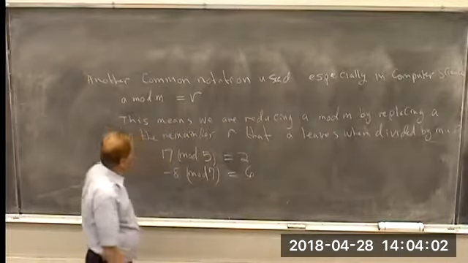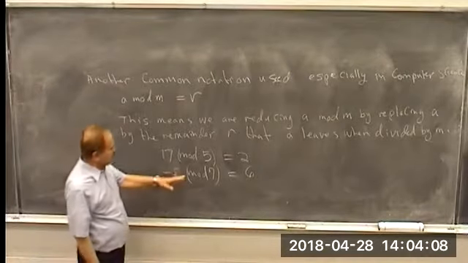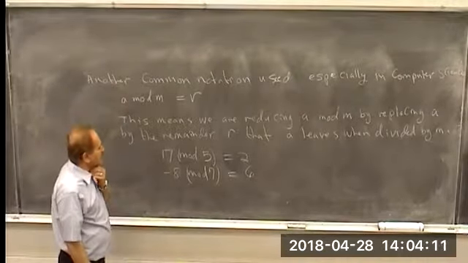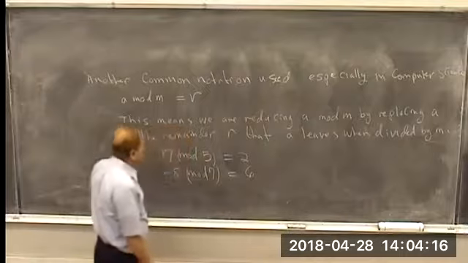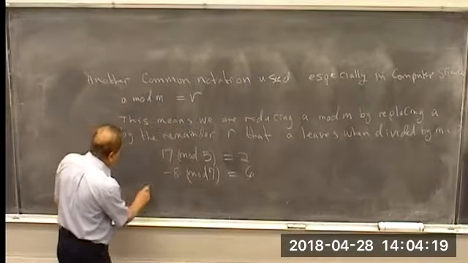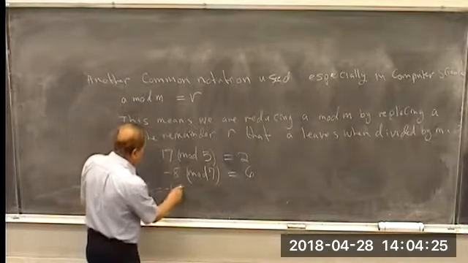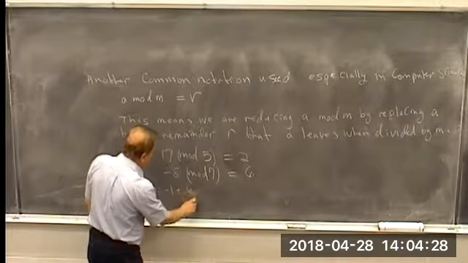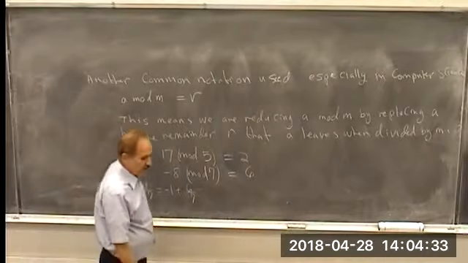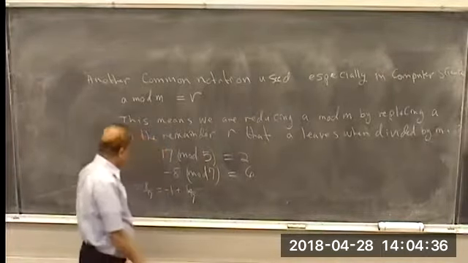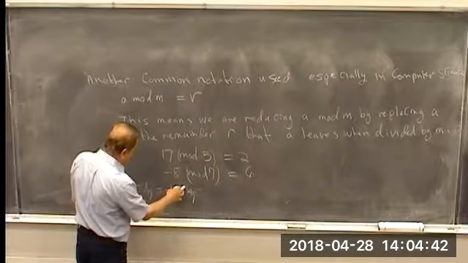If you divide negative 8 by 7, remember that this time we want the remainder to be positive, so that's going to be equal to 6. So minus 8 over 7 gives you negative 1, and the remainder is 6. Let's see, minus 7 plus 6.